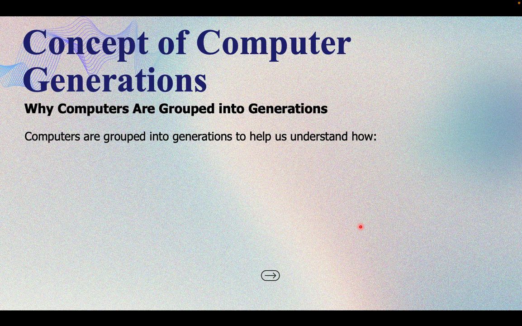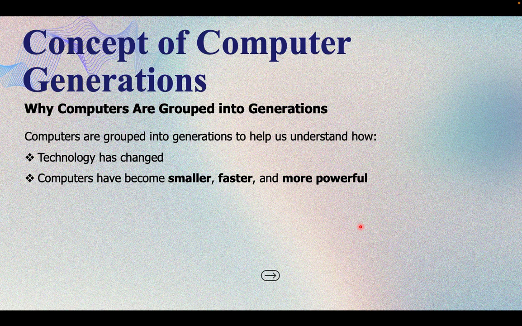Why are computers grouped into generations? Very, very important. Now, we group them into generations because it helps us to understand how technology has changed. And then it helps us to understand how computers have become smaller, faster, and more powerful.